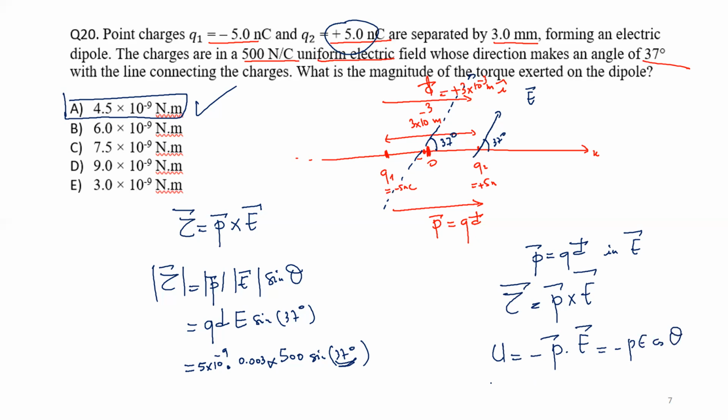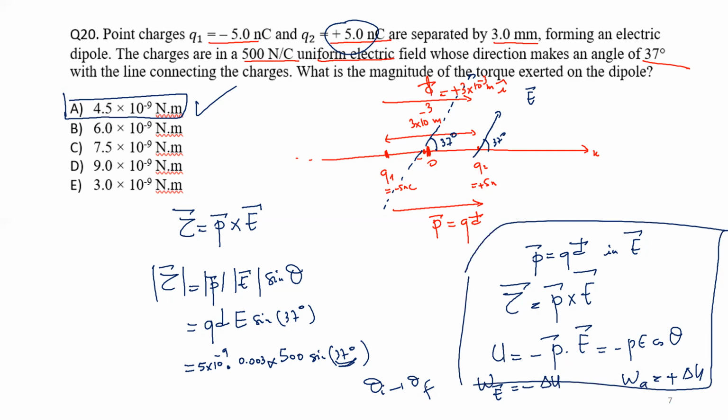And the work done by the electric field, if the dipole goes from theta initial to theta final, will be just minus delta U. And the work that I apply will be just plus delta U. This is just a summary of what we did in class, and you will apply it in many problems.